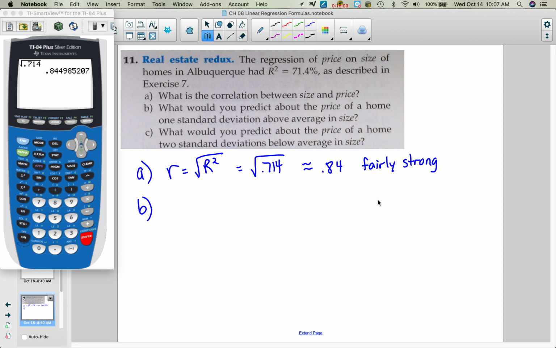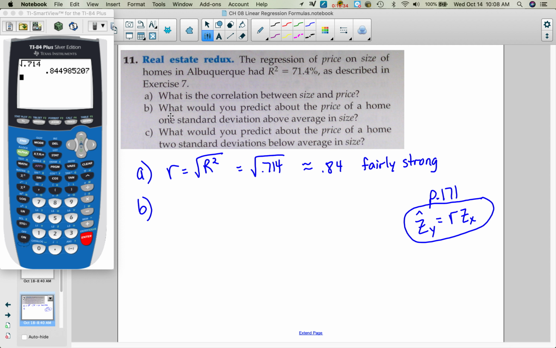If you look on page 171 in your textbook, there is a little formula that they give you that tells you this relationship. If you standardize your response variable and your explanatory variable, then you get this relationship here. Not on the formula sheet, but we do have this relationship here.